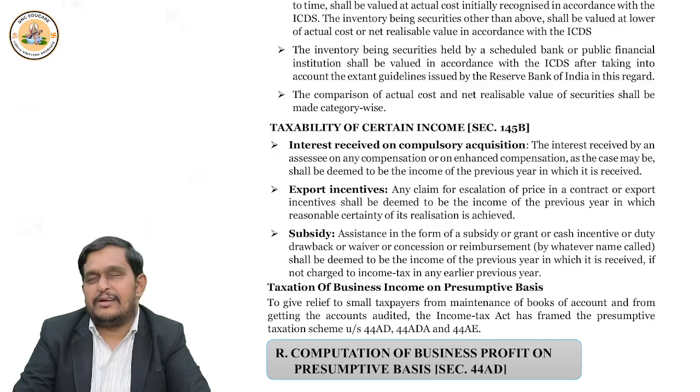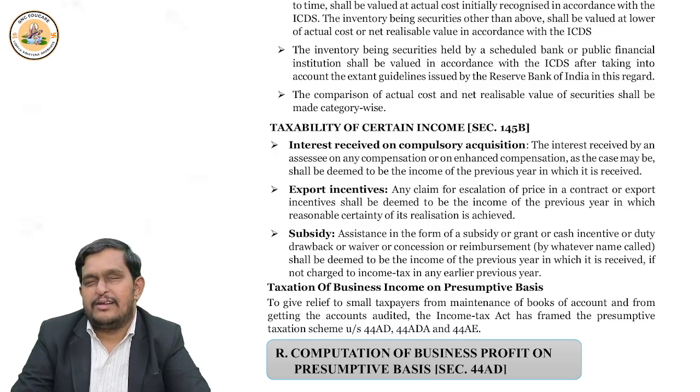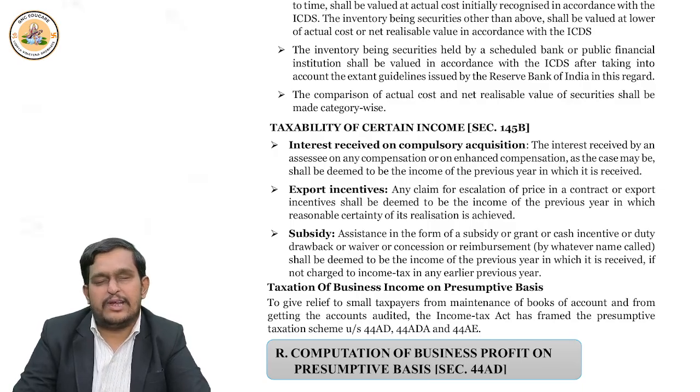But because it is a bank or public financial institution, there are some extant guidelines issued by the Reserve Bank of India. If extant guidelines are issued by RBI, you have to follow that.